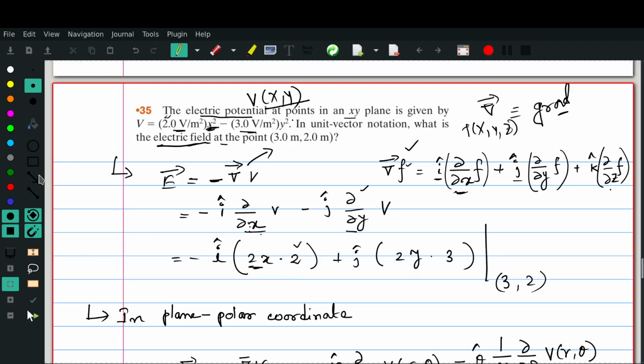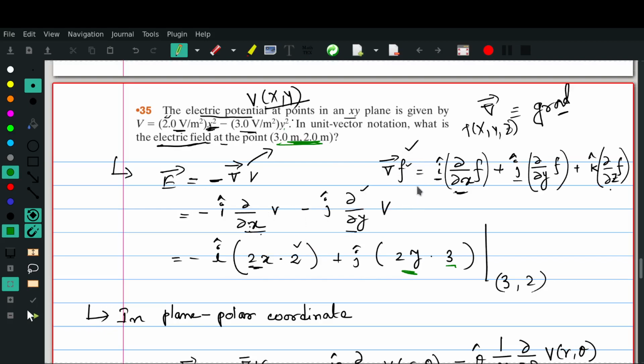And for the second part, we have this 3, which is a constant number, and the y squared, which gives us 2y. At the end of the day, you just plug in the values that they have asked for, and you obtain the electric field.